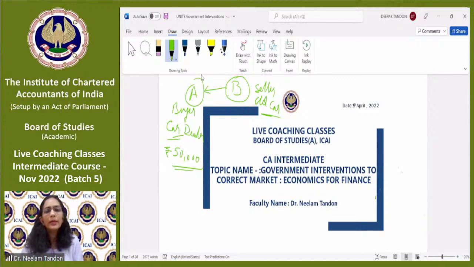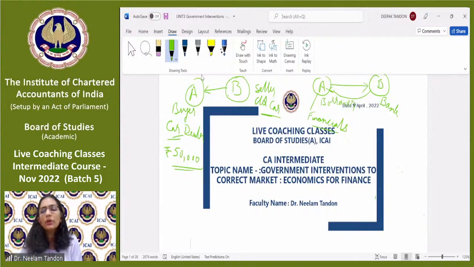Take another example: let's say A is a borrower and B is a bank. A goes to the bank to take a loan, and B has to give a loan to A. But A is hiding some facts and figures about his or her financials and is not telling the truth.